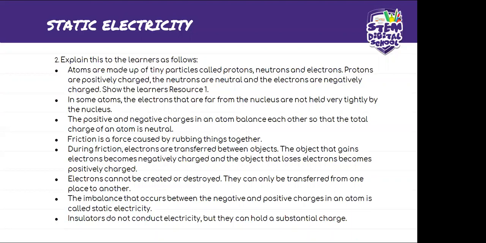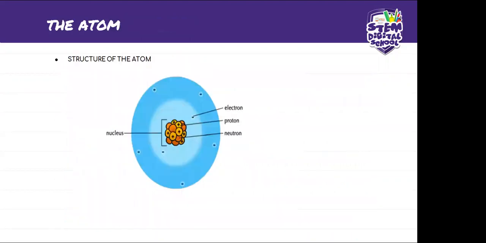All right. Let's continue. Let's draw our attention back to what we did in previous grades. We have got the structure of the atom here. In the nucleus, we have got the what? The proton and then the neutron. You can see that the protons are the yellow with plus, and the neutrons are zero charge, so they are neutral, as we can see there.